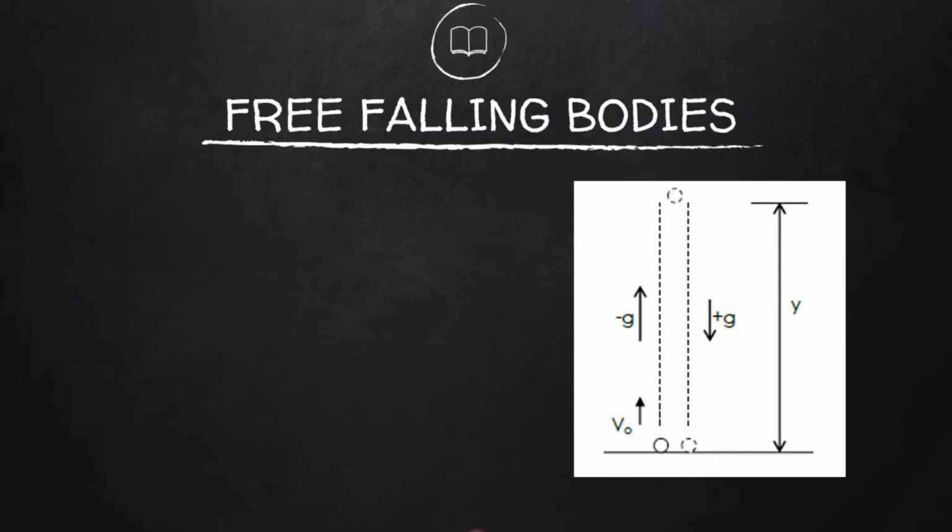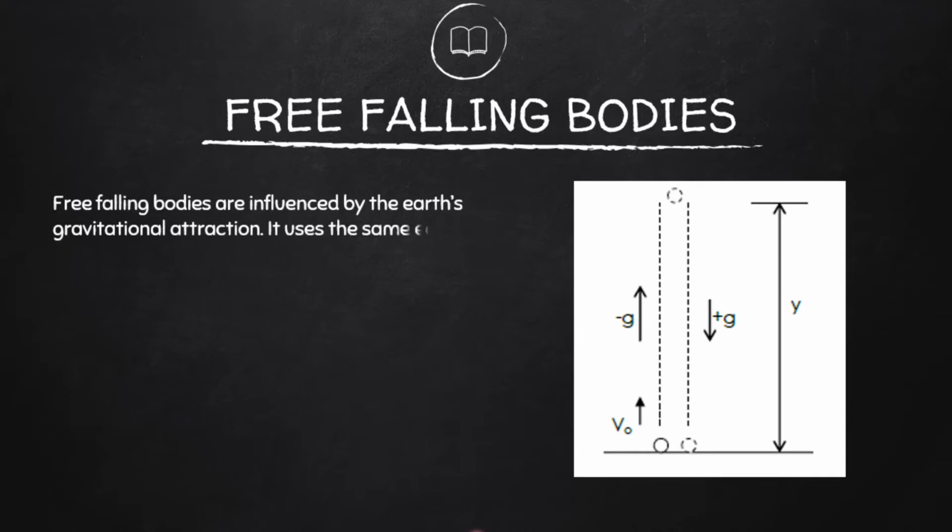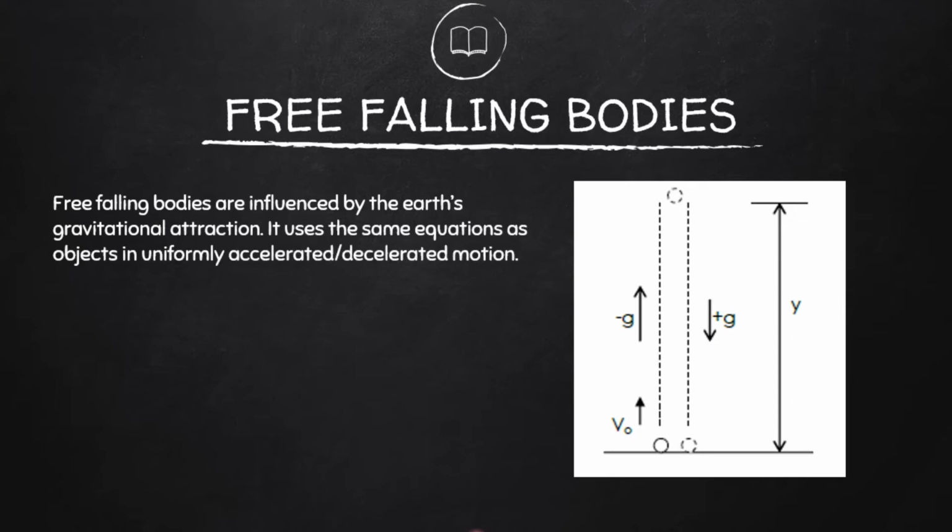Uniformly accelerated or decelerated rectilinear motion is usually considered for objects that are moving along the horizontal axis, while free-falling bodies are similar to these concepts, but in this case we are considering objects that are moving along the vertical axis. Free-falling bodies are influenced by the Earth's gravitational attraction, and they use the same equations as objects in uniformly accelerated and decelerated motion.